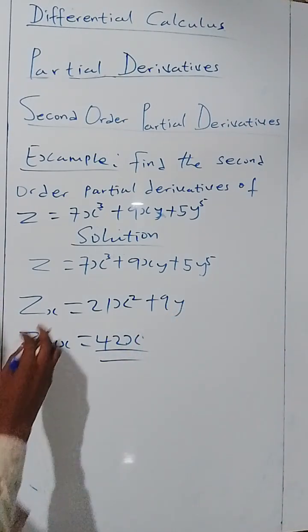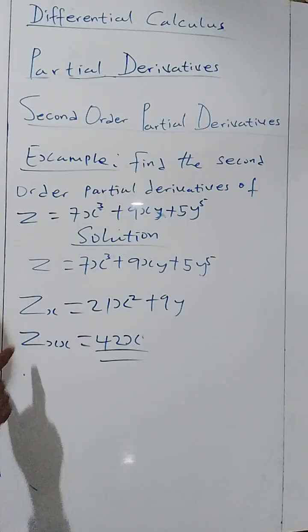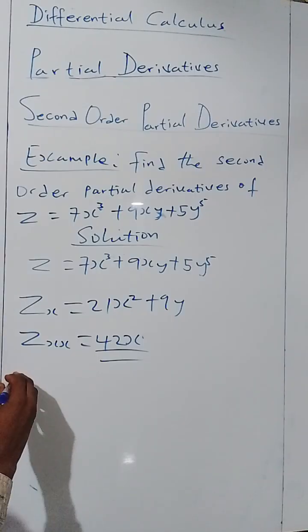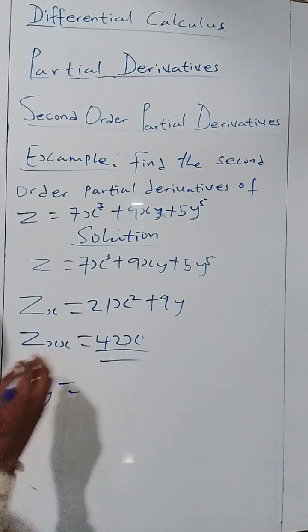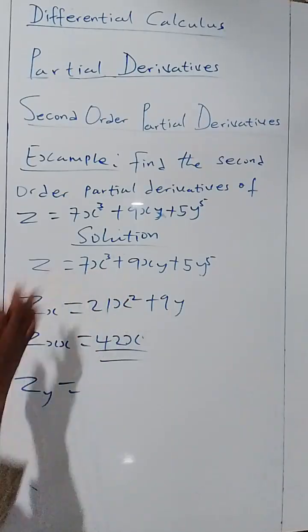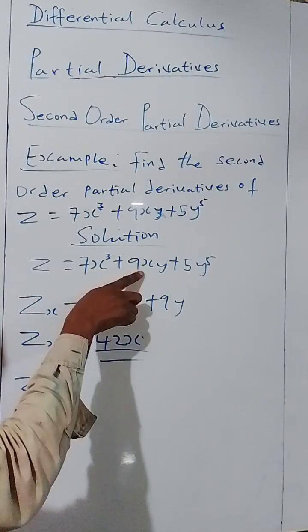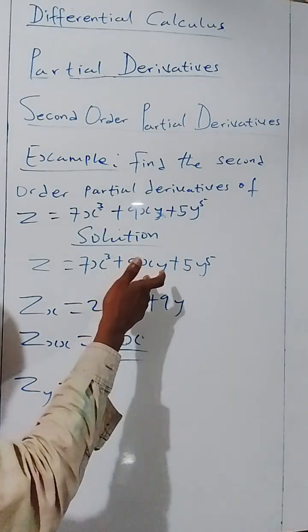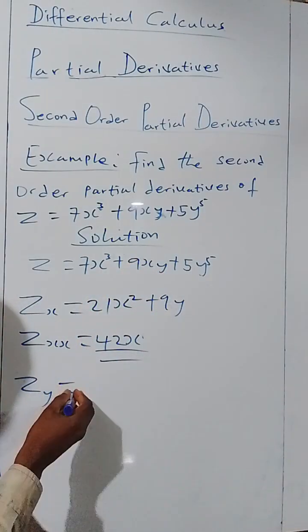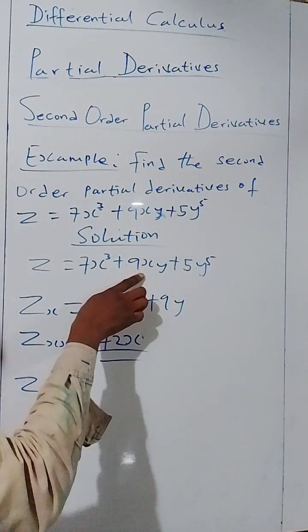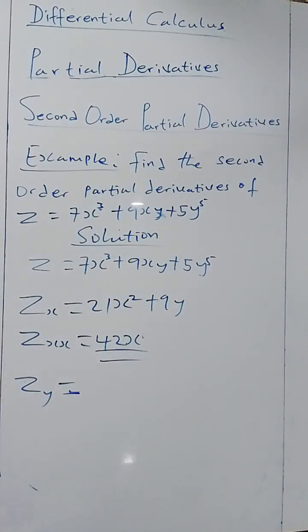Now, what of the second order partial derivative of z with respect to y? In order to do that, we first need to find the first order partial derivative of z with respect to y. The first term here does not contain y, so we ignore it and it becomes 0. The next term contains y, so we apply the multiplicative rule, meaning we differentiate the relevant variable only while we hold the other element constant.